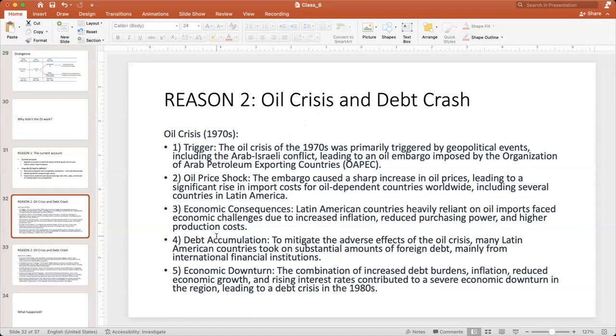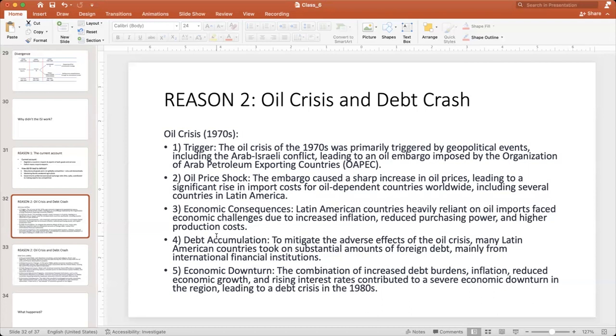Given that there was a huge increase in oil prices, the interest rate in the international market also rose to higher levels. And remember, Latin American countries were heavily relying on oil imports, and they were heavily in debt.